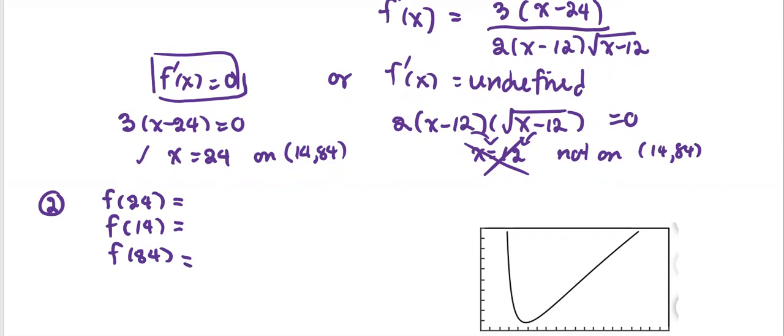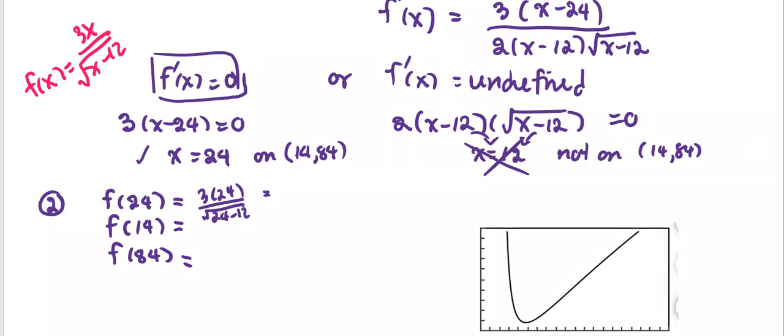The function is in the form of, let's make a note here, f of x equals 3x divided by square root of x minus 12. So you just plug it in. So 3 times 24 divided by square root of 24 minus 12. And do the same way for the other two numbers.